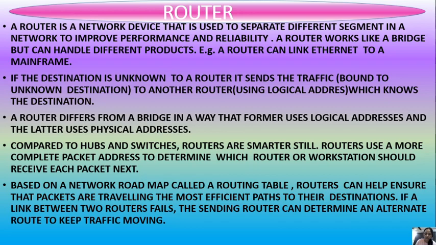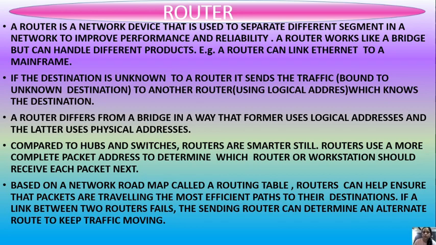For data transmission, packets are used. Generally it is a 2, 4, 5 or 8 port device, and it is used in LAN, WAN, MAN. For data transmission, IP addresses are used. So this is the router.